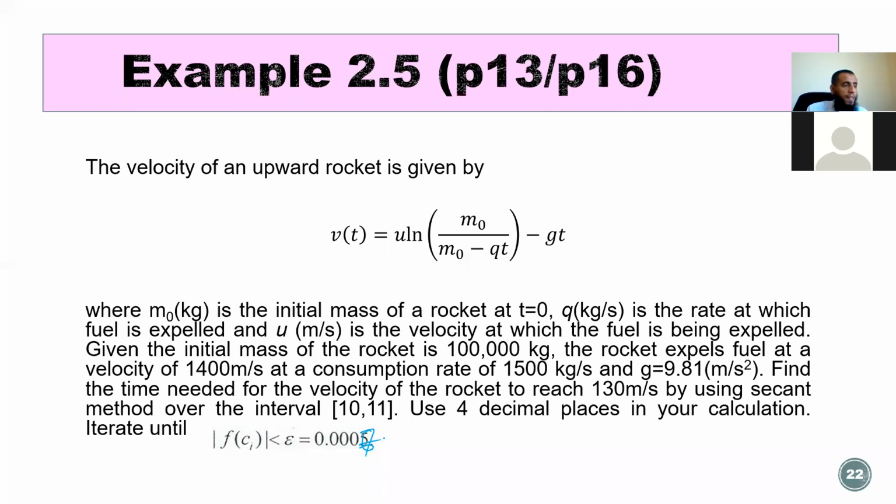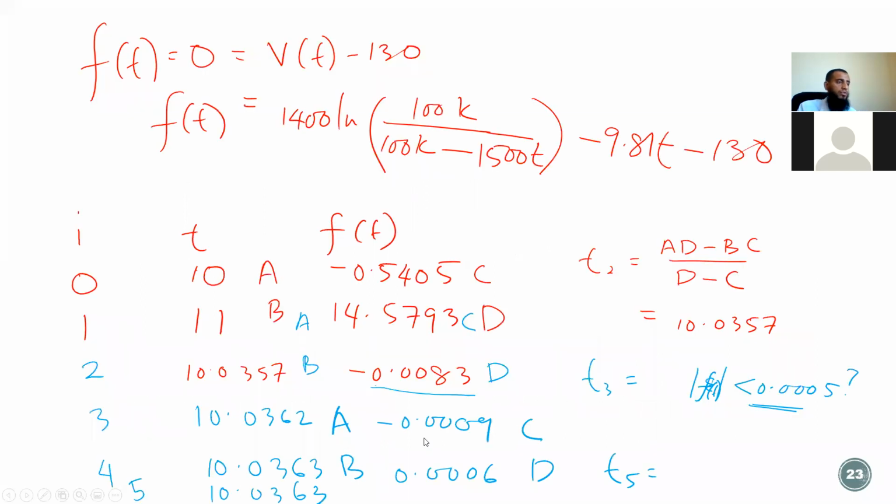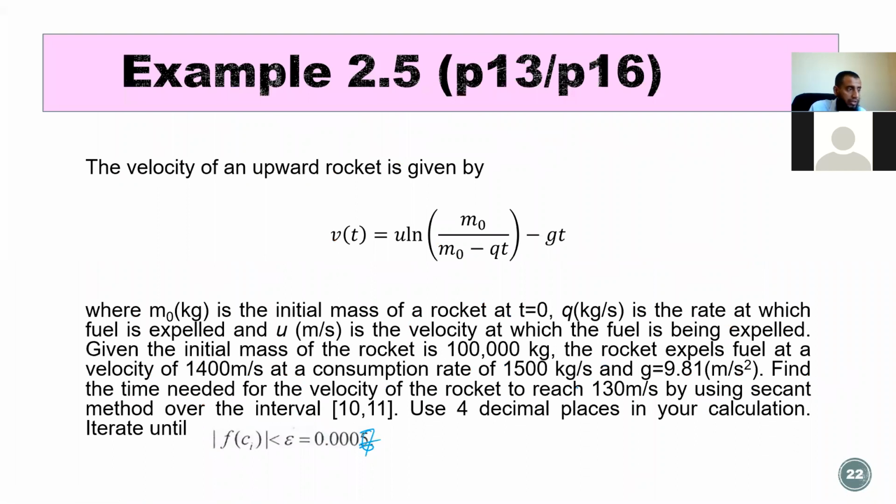So that is the thing. For the real example, the stopping criteria is not right. There is no stopping criteria for this example. Some lecturers add this just to mention that you need to continue until the stopping criteria.